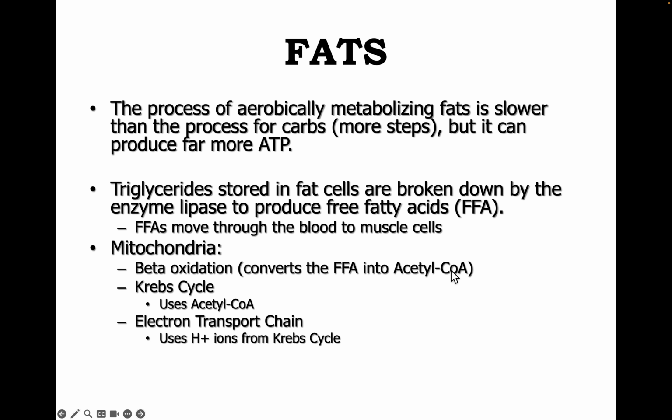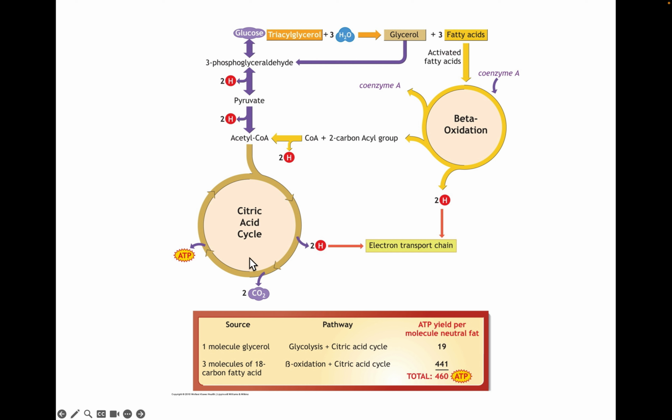So here's our diagram showing the citric acid cycle and the electron transport chain, which you talked about previously. But third, a breakdown of the triglycerol molecule, so triglyceride being the storage form of fats. If we break down that triglycerol molecule, we get glycerol and 3 fatty acids.